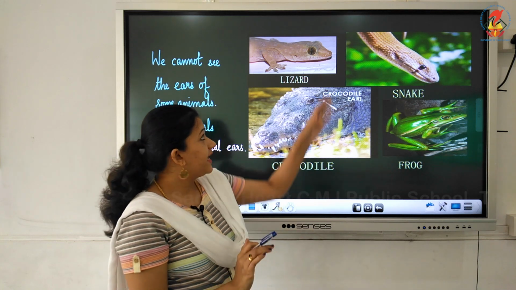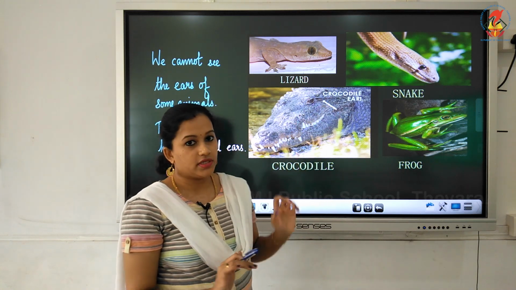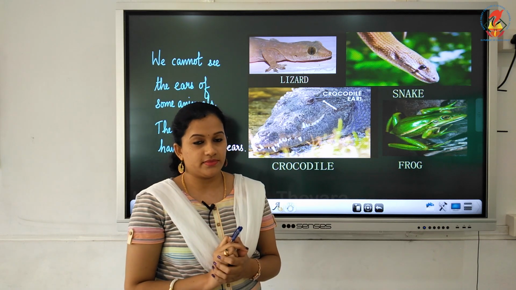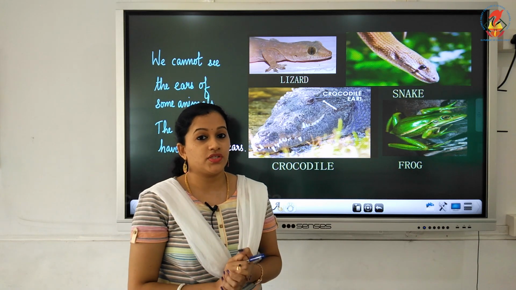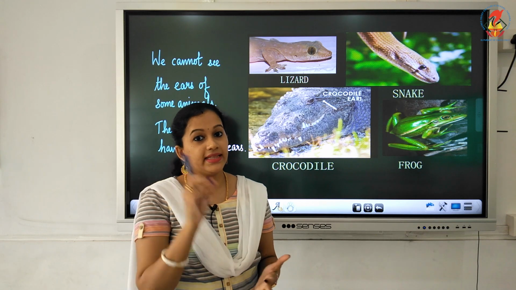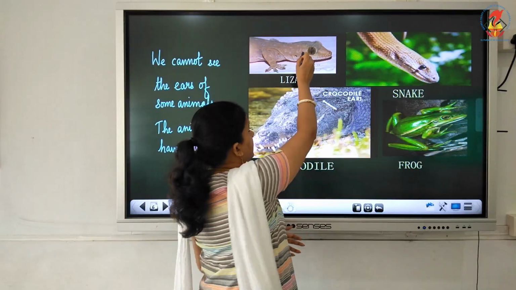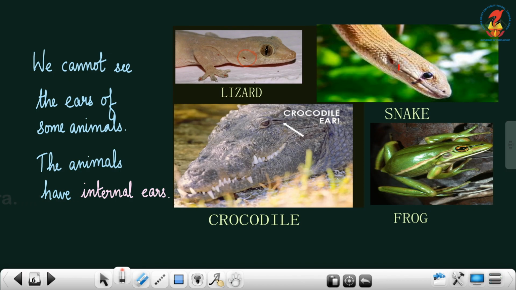For animals like lizards, snakes, crocodile and birds, they have tiny holes on both sides of their head, and they hear with the help of those holes. If you look at the lizard over here, the snake also has tiny holes on the side of its head.